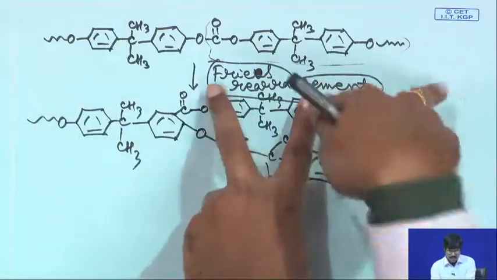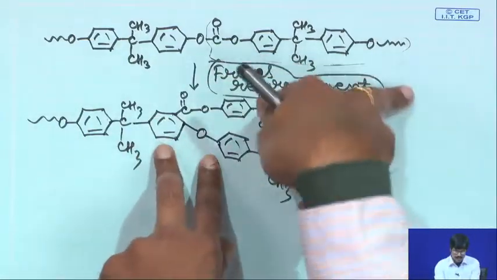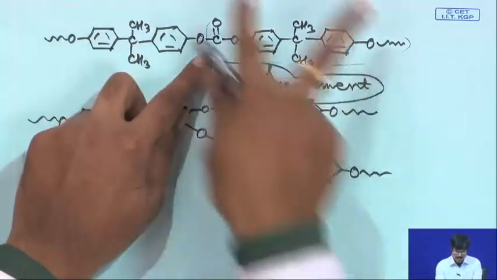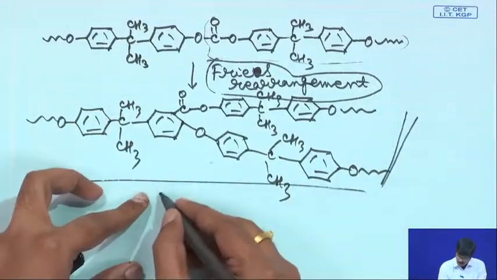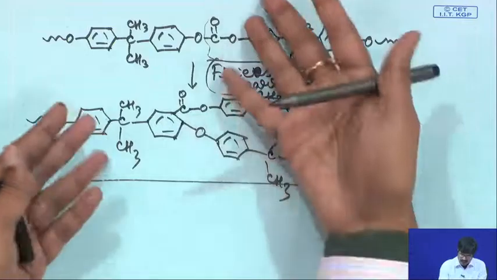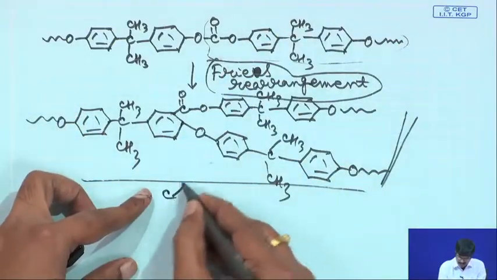So you basically have another chain that has come into the situation, and this is a rearrangement. This rearrangement will produce a cross linked material, and this cross linked layer is basically the char layer.